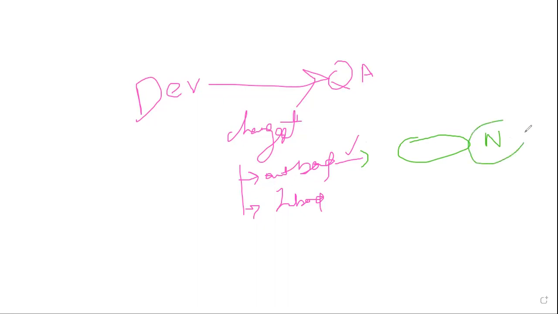Once validated without errors, we need to push it to the higher environments. After selecting the target environment, we push it. Let's suppose we are pushing dev to QA.